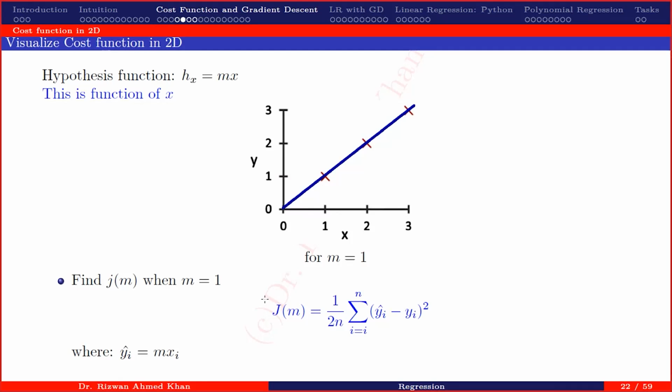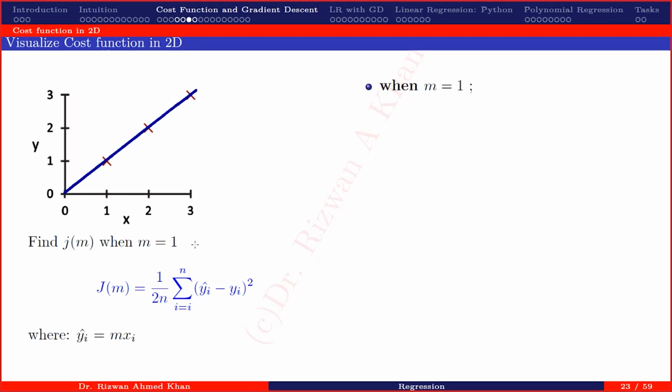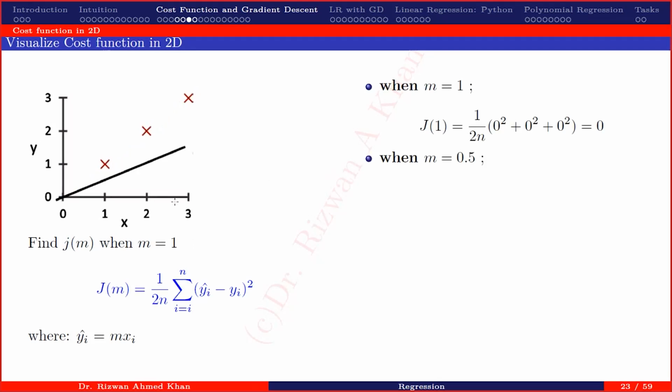Right? So m equal to 1, and this is our cost function. So before it was j of m, c, now it is only j of m because we are working with only one parameter, and hypothesis is given by mx. There is no c because c is 0, which means that we are considering lines which pass through the origin only. So when m equals 1, previously for this line, there was no error.